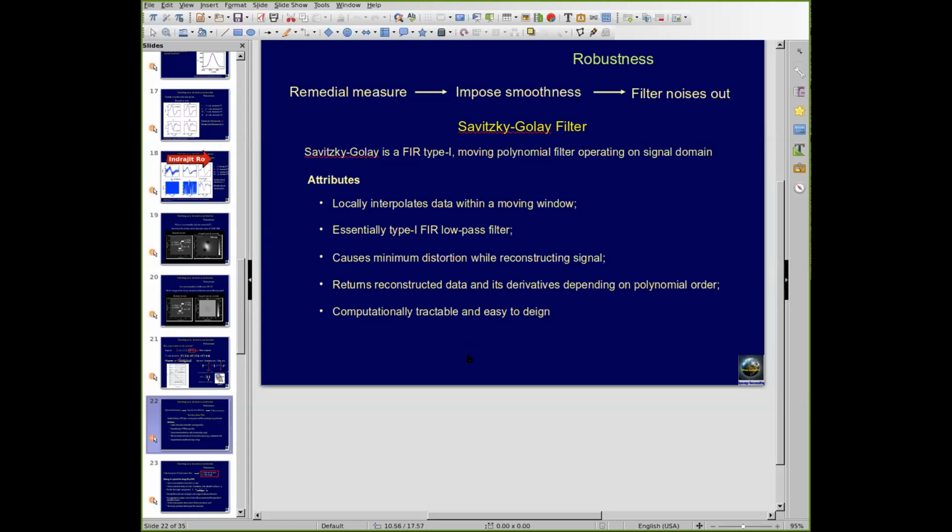So the filter has the following attributes. It locally interpolates data with a moving window, something like Euler-Deconvolution type of things. Essentially a type 1 FIR low pass filter.